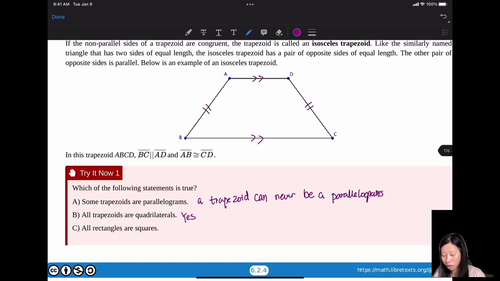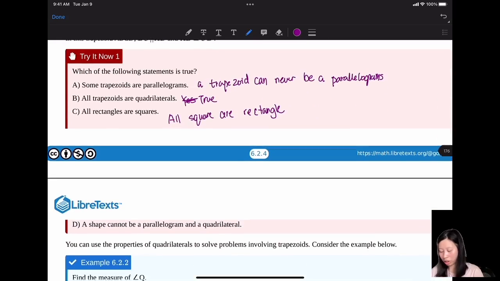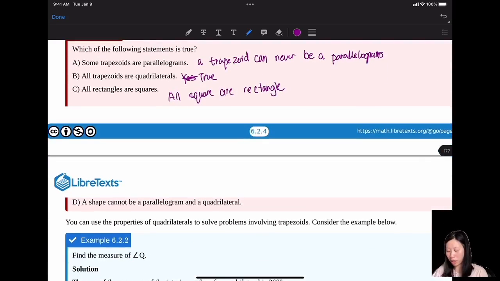All rectangles are squares. This is wrong. But the opposite, all squares are rectangles, is correct. This is true. D. A shape cannot be a parallelogram and a quadrilateral.